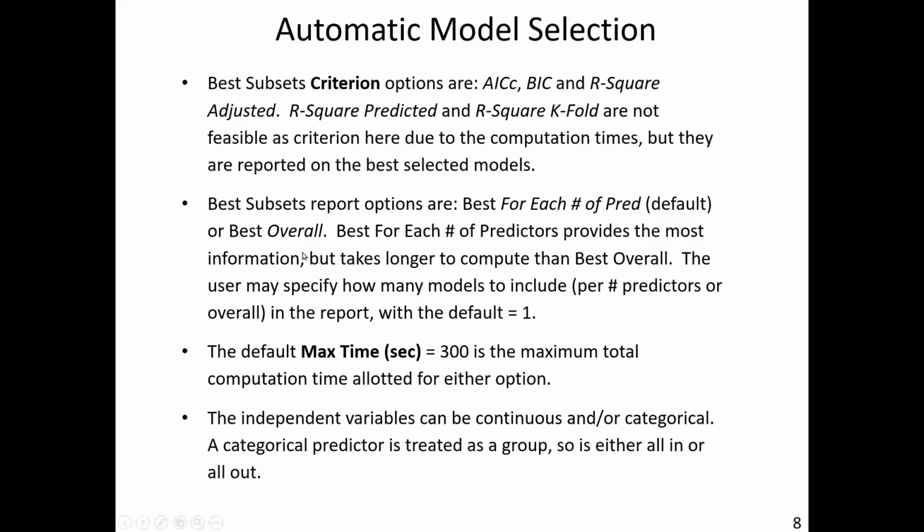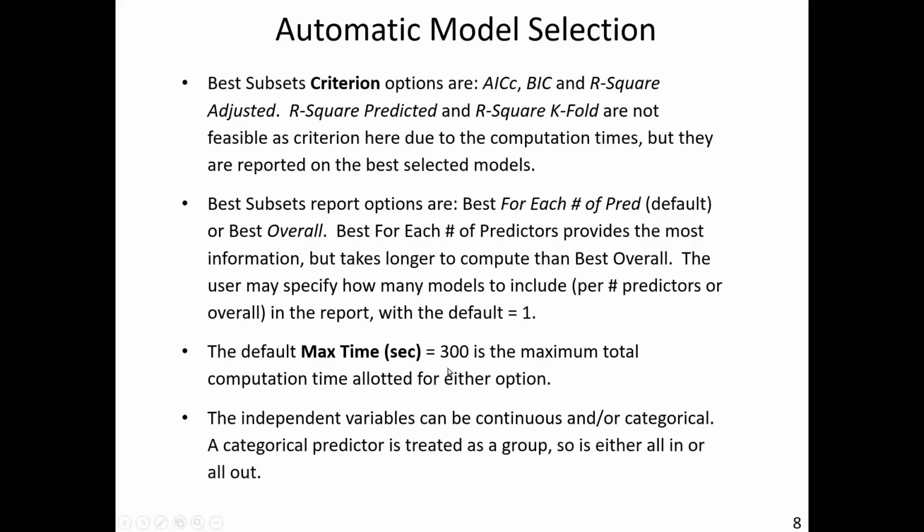And then you have the best overall, which simply says, okay, I'm going to use either the exhaustive or the discrete optimization and then pick the very best, or if you want the very best 2 or 3 or 4 or 5, whatever number of models you would like to look at, you can put that in. The default is you look at the best, or you look at the best for each number of predictors.